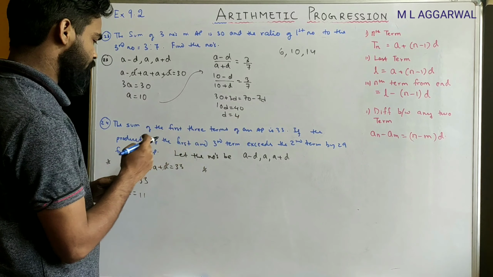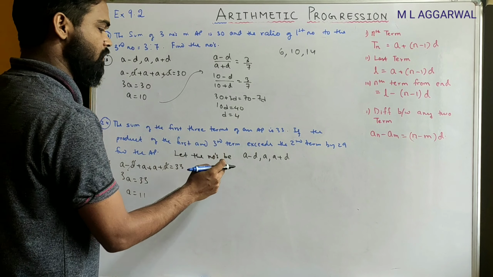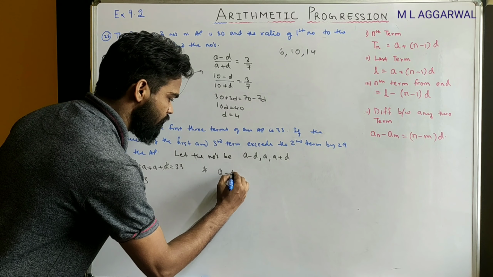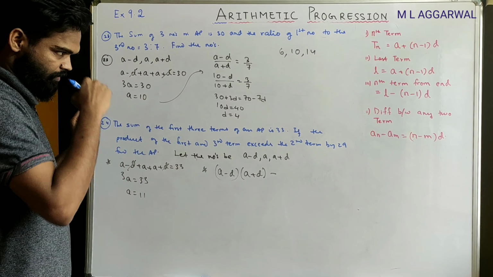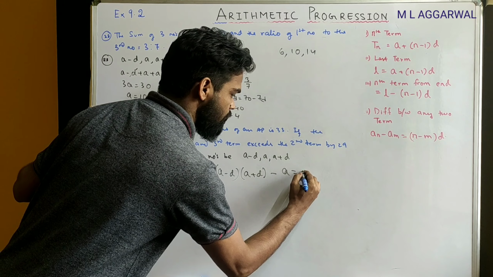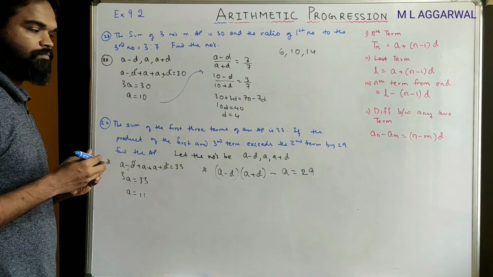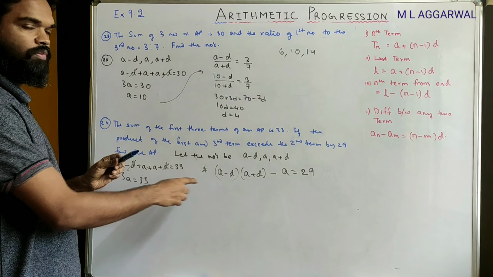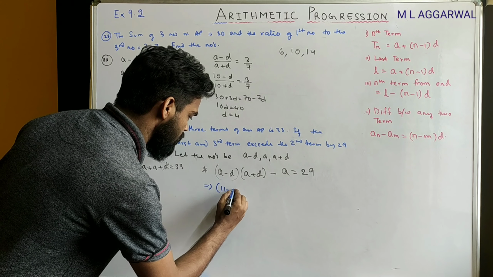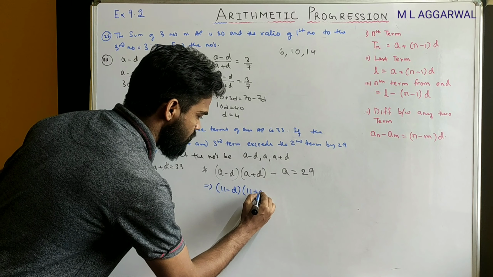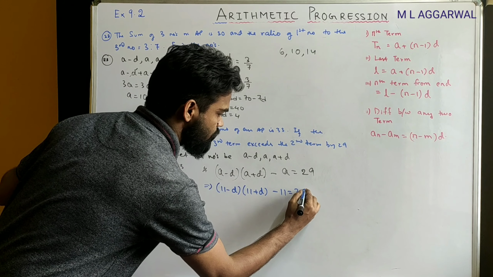Now see, the product of the first term and third term exceeds the second term by 29. This is the equation. Put the value of a over here and we'll solve it. So this is 11 minus d, 11 plus d, minus 11 equals 29.